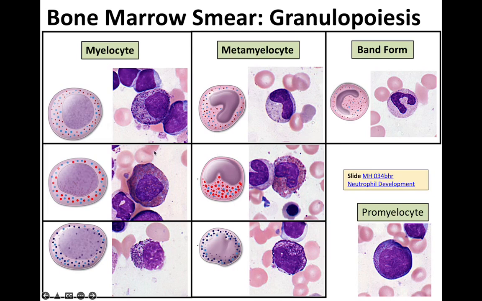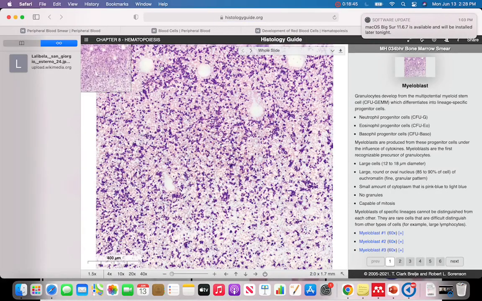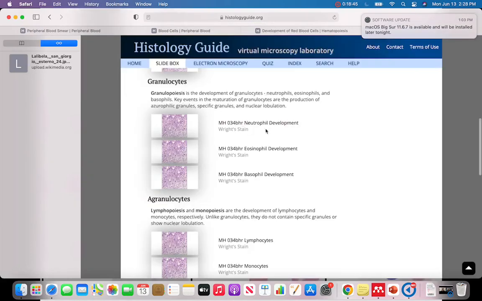So now let's see these stages in a slide. I will be using a neutrophil development slide. But in chapter 8 of the histology guide, we have different slides for each type of granulocyte: a neutrophil development slide, an eosinophil development slide, and a basophil development slide.